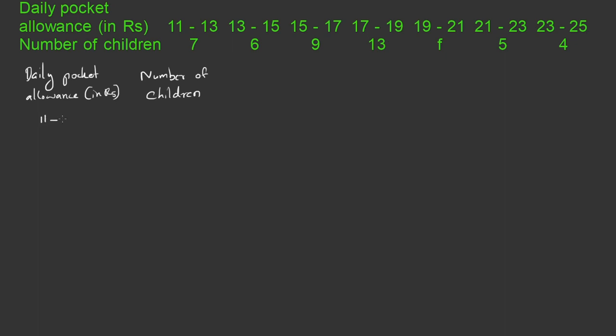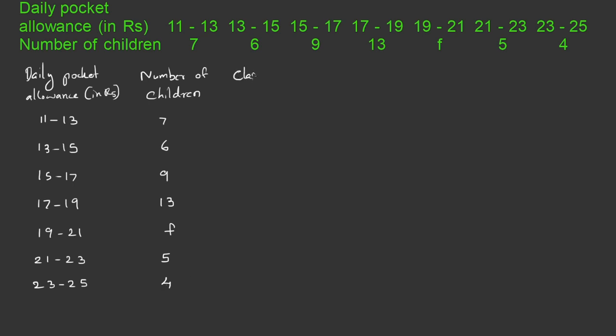First group 11 to 13, number of children 7, 13 to 15, number of children 6, 15 to 17, number of children 9, 17 to 19, number of children 13, 19 to 21, number of children f. It is not given, that we need to find out. 21 to 23, number of children 5, and 23 to 25, number of children 4.